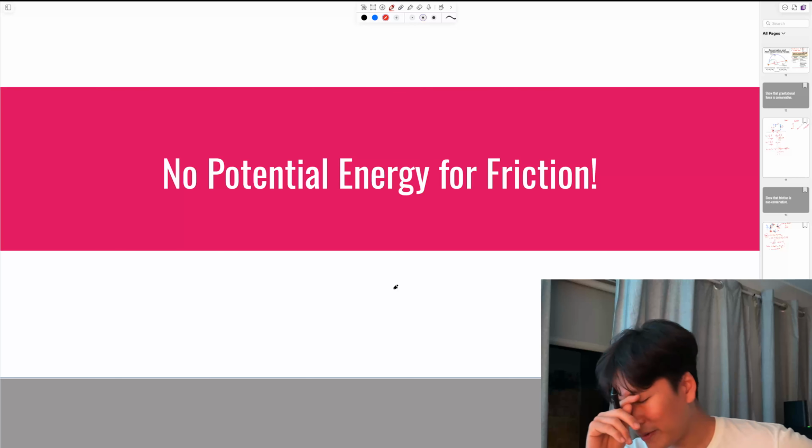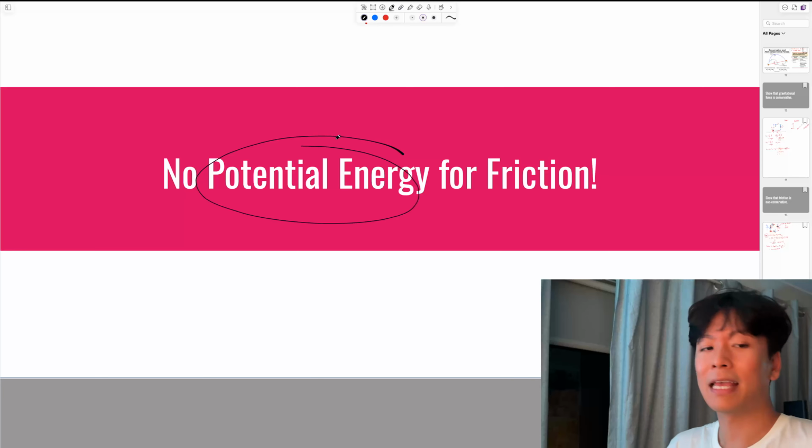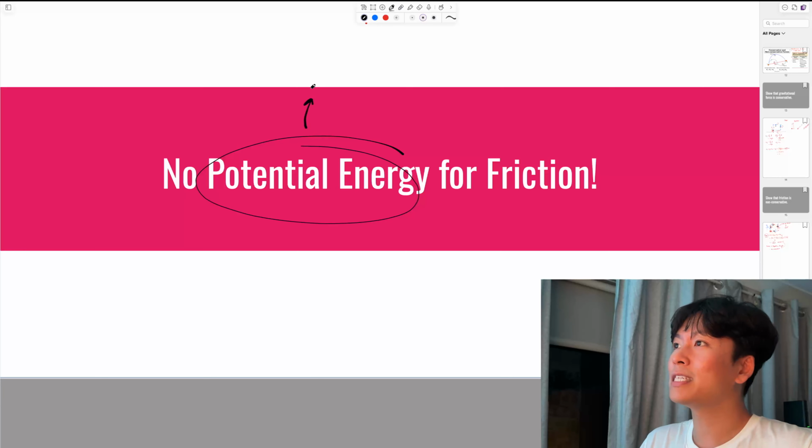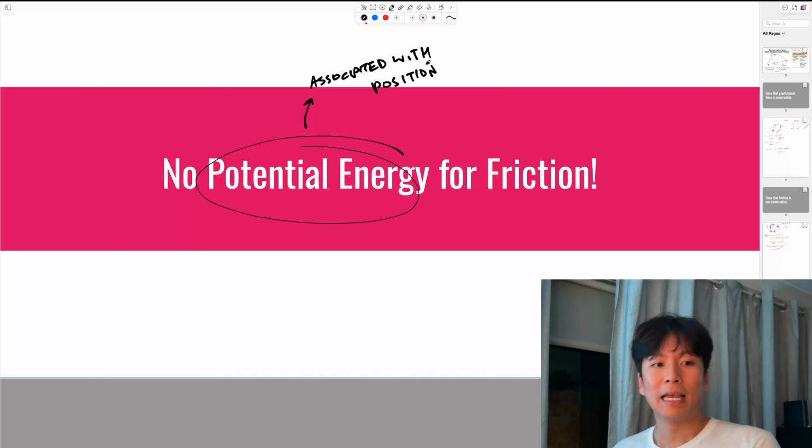Well, if you remember back to the video on potential energy, we said that potential energy is energy associated with position. So potential energy is the energy associated with position or the configuration of the object.